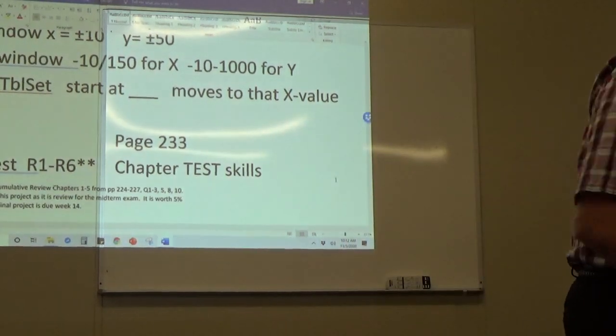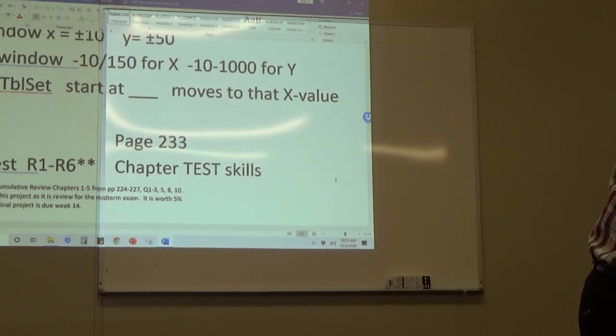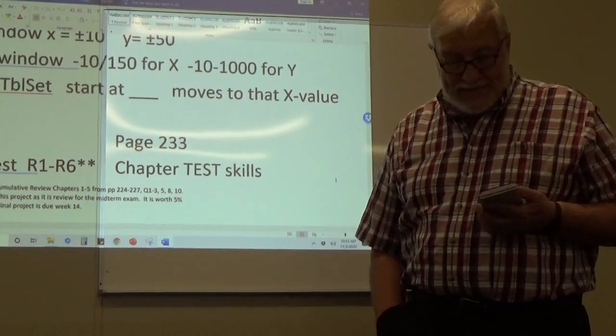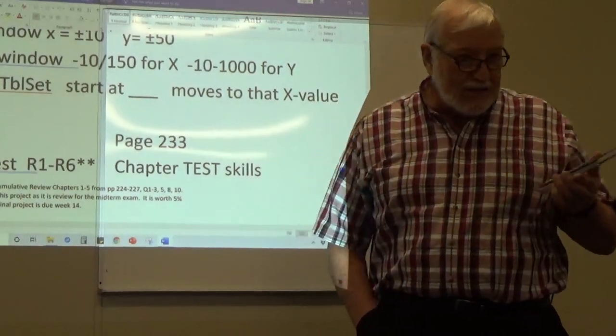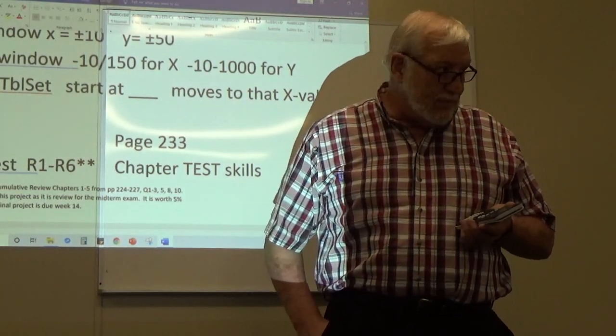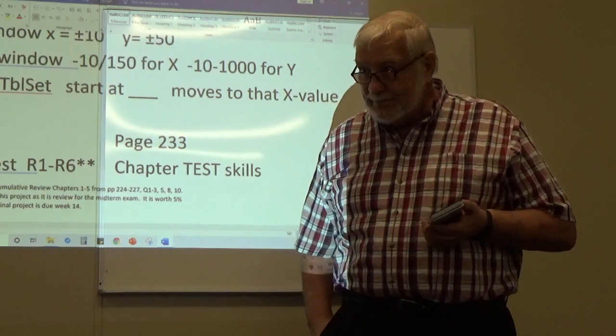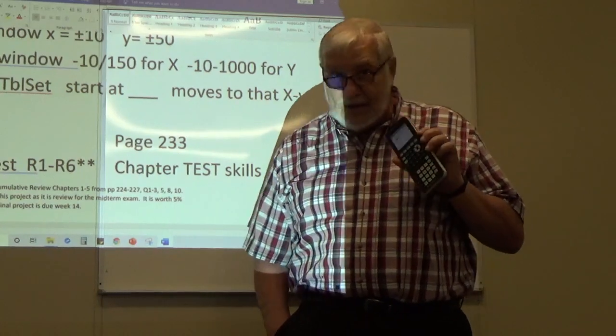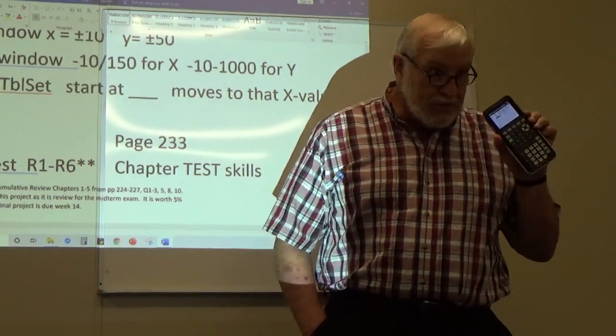Okay. Now, based on that, we need an equation. And they say, assume that the relationship is quadratic. So, we've got L1 and L2 retyped for the new data.